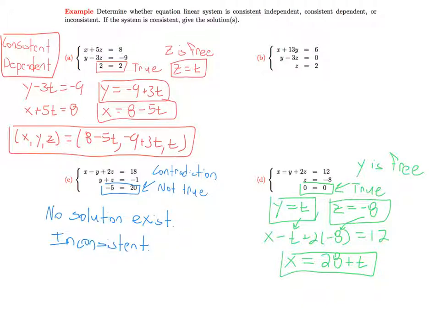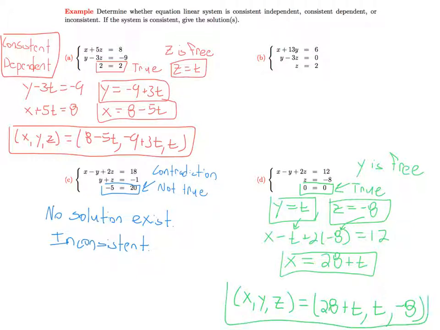So our solution here is x, y, z is equal to 28 plus t, y is equal to t, it is free, and z is minus 8. So there's our solution for this system. Since it has a solution, system D is consistent, and since there are infinitely many, this is dependent.